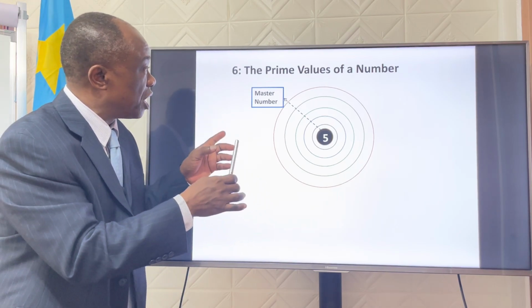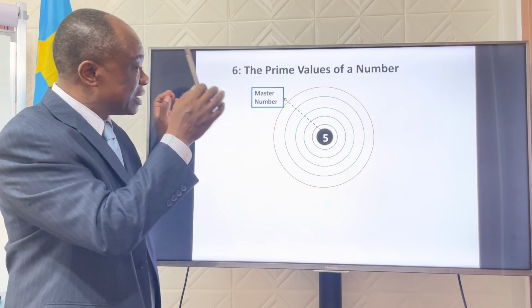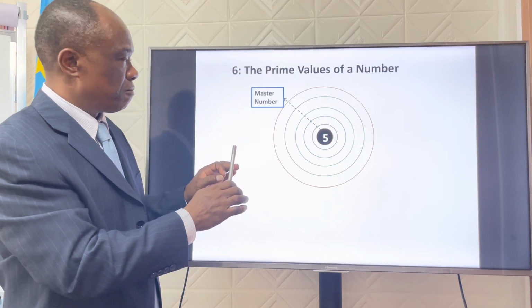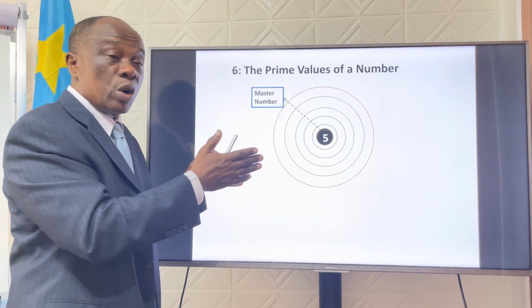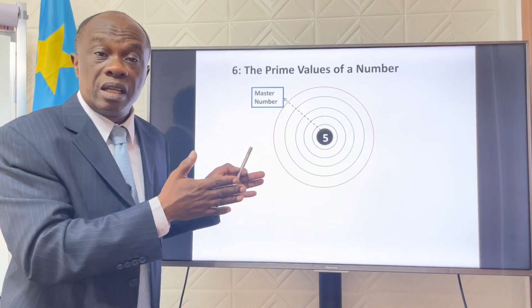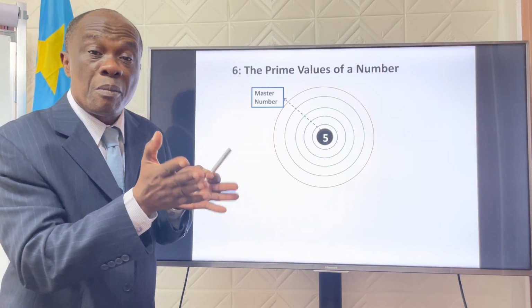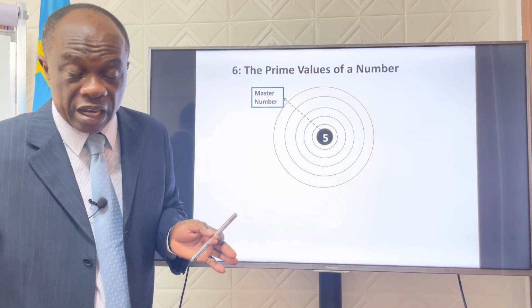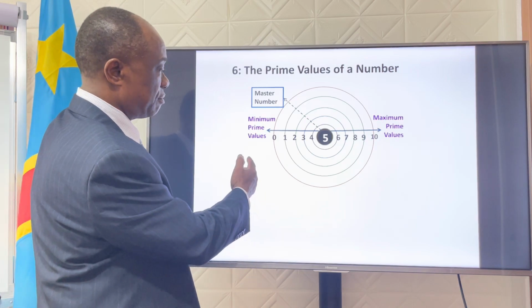So here we are talking about the prime values of a number. But at first, we have to determine these numbers because the numbers are limited and we will have minimum and maximum prime values. So when the number 5 will vibrate, it will go like that.